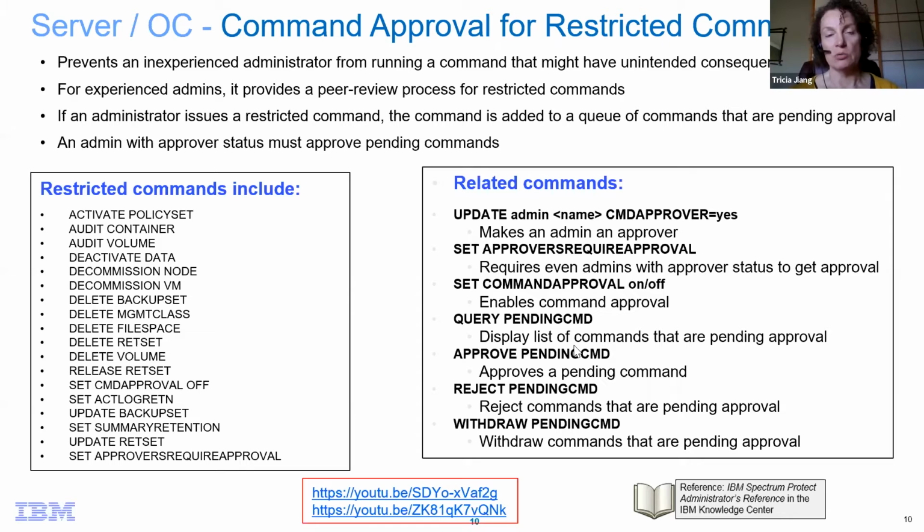The question has to do with this new command approval for restricted commands. And this command approval for restricted commands was introduced in 819. And what it means is that for these type of commands here on the left-hand side, if you have turned this on, this is optional, you don't have to turn it on in your environment, but if you have turned on command approval, you will need one or more administrators to approve commands that could potentially destroy some data.